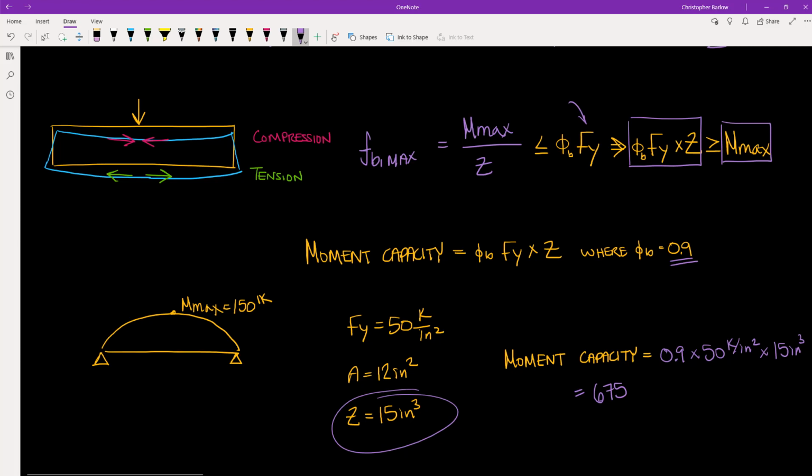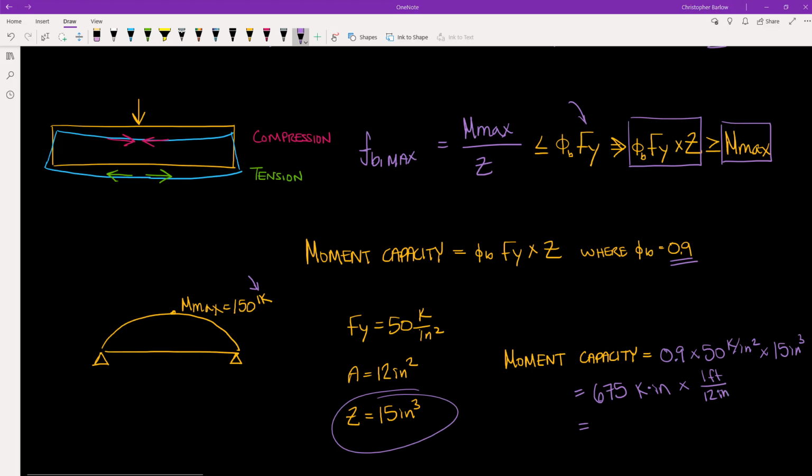Well, not quite, because if we look at our units here, we'll see that we've ended up with kip-inches, and we were given foot-kips. So we need to convert to foot-kips by multiplying by 1 foot over 12 inches.